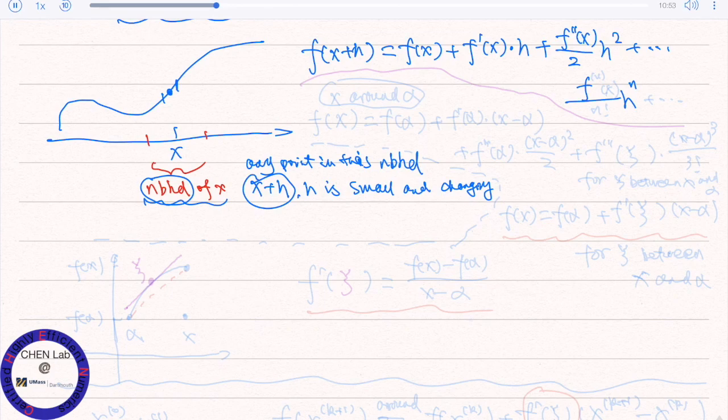For the nth degree polynomial it's the nth derivative of f evaluated at x. X is a fixed point, divided by, yes, n factorial, exactly. And you keep going.